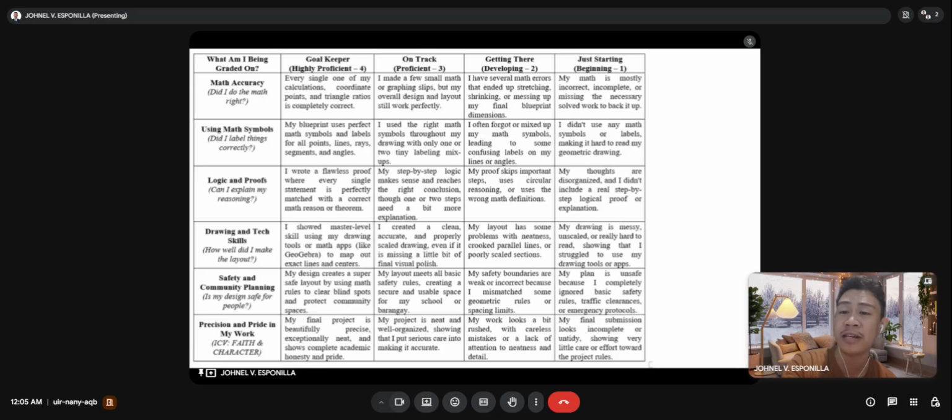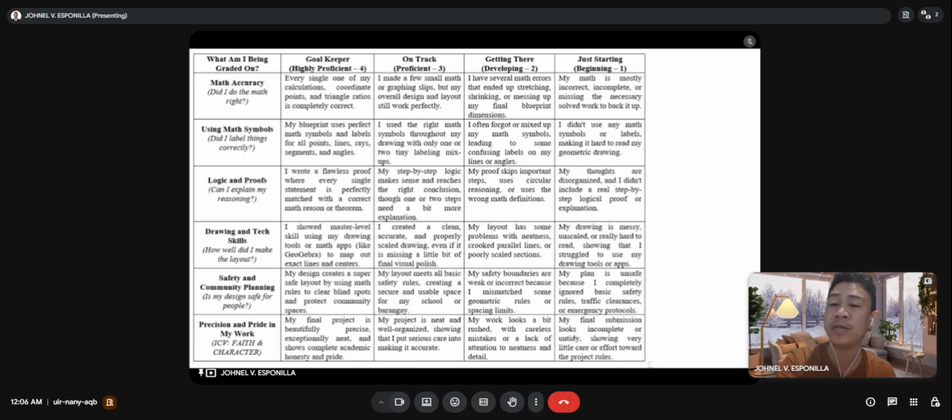To get a 4, every calculation, plotted coordinate point, and geometric or triangle ratio you use to design your transit system must be 100% accurate. The downside: minor slips in layout drop you to a 3. Fundamental errors that distort your actual physical dimensions will drop you to a 2 or a 1.